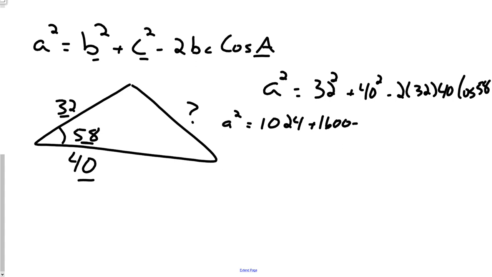So then I'm going to do 2 times 32 times 40 times cosine 58, all in one step. Yeah, 1357.